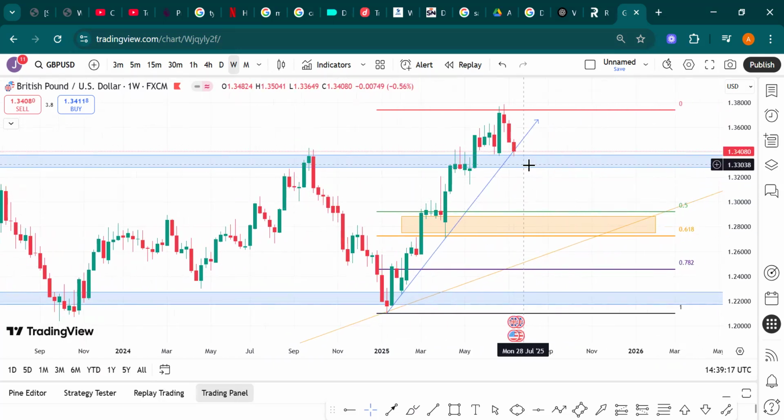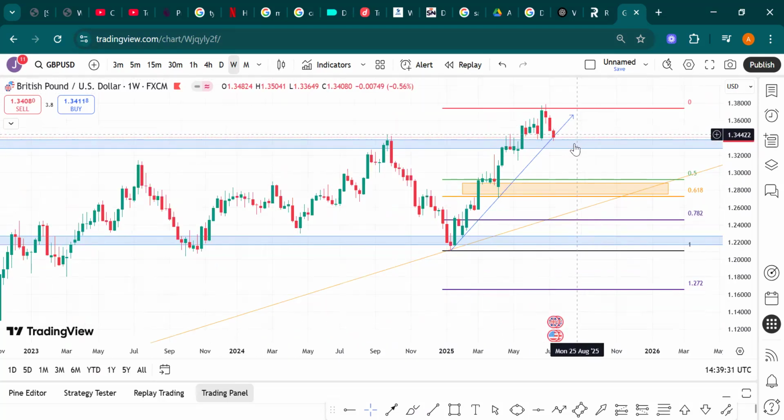positions. Why am I saying that? It will be because the market is usually based on a lot of probabilities. It will be more probable for price to be rejected to continue upwards from this very strong zone than for it to break the zone to come down into this space. So price is likely to do one of two things.